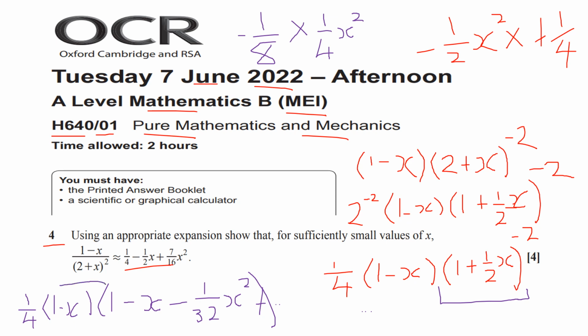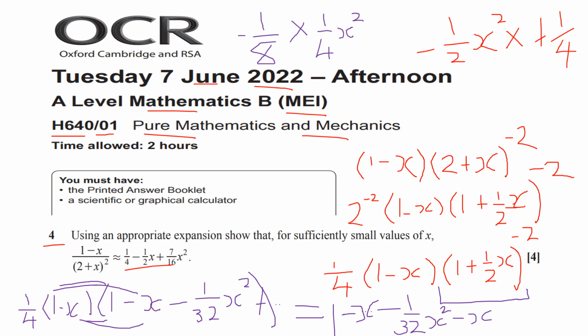So we got 1 minus x minus 1 over 32 x squared, minus x plus x squared, and then that one we don't need.